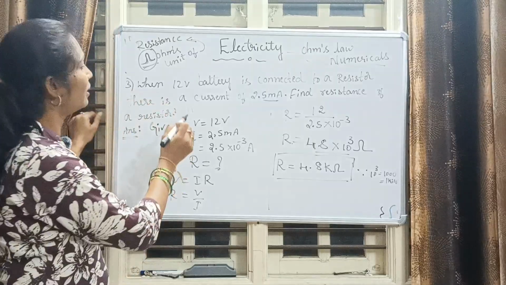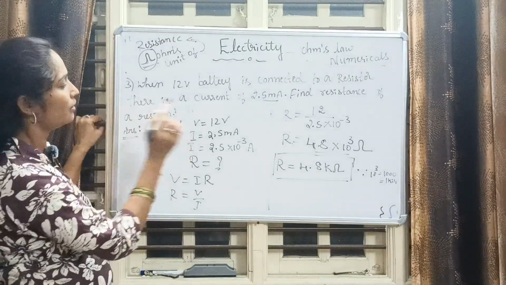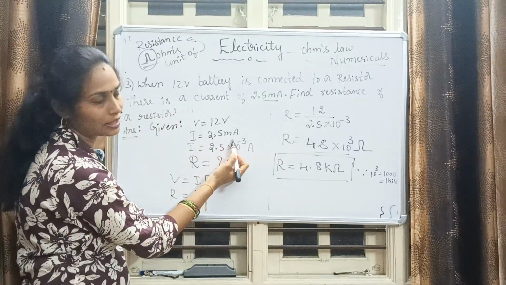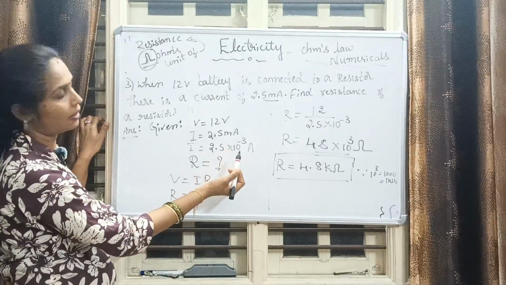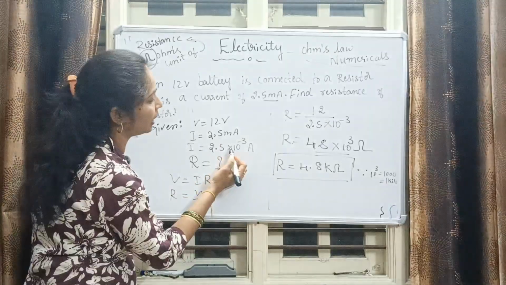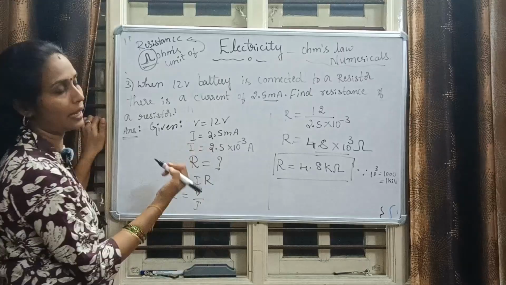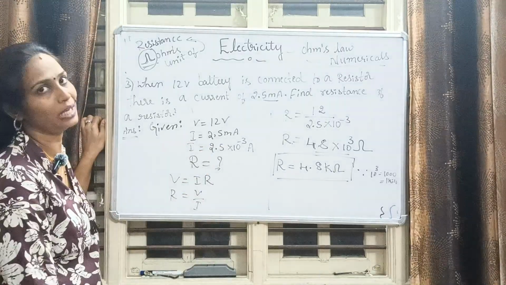What they had given: V and I, which is in terms of milliampere. You have to convert that into ampere, that is 2.5 into 10 to the power of minus 3 ampere, because it is in the form of milliampere.